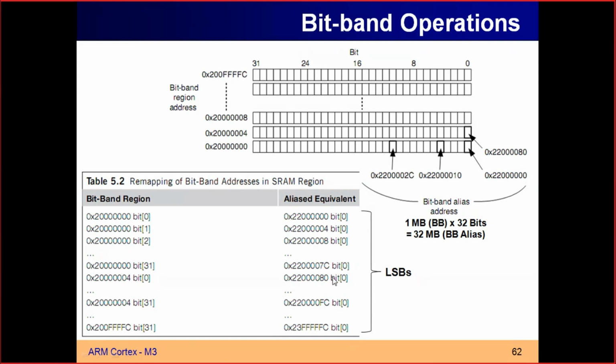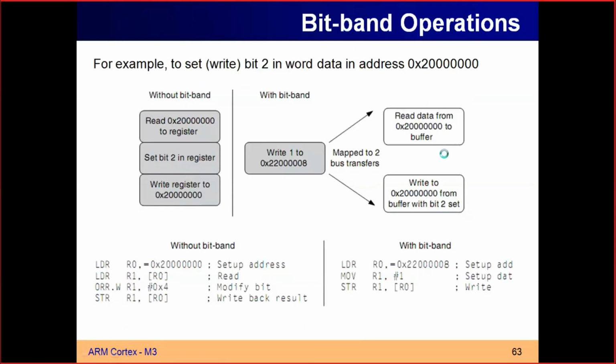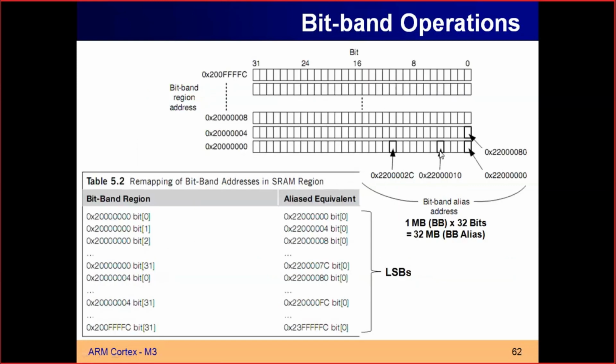If you want to write into the fourth bit of 2000, that is 0, 1, 2, 3, 4, where should you write? Instead of reading, modifying and writing back, you can directly write into this location.